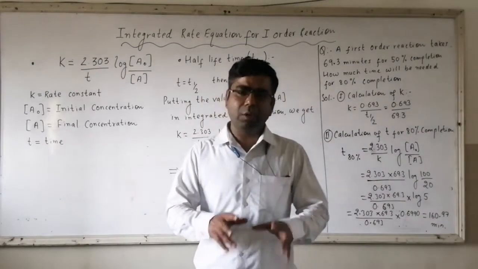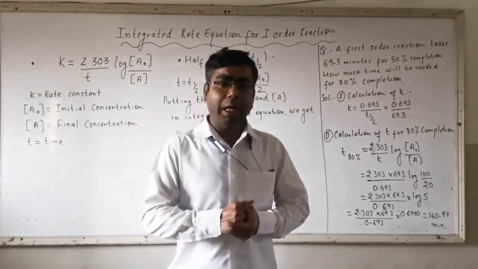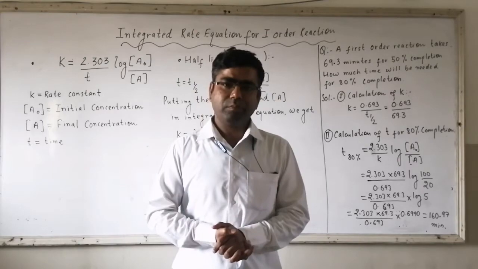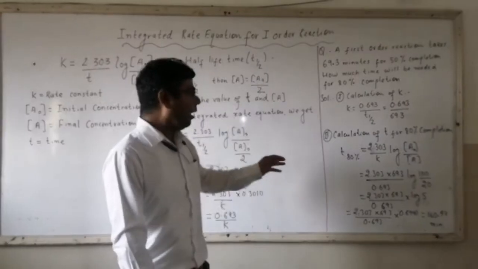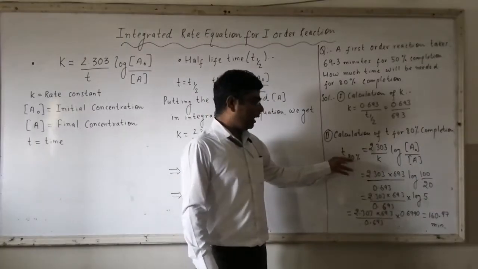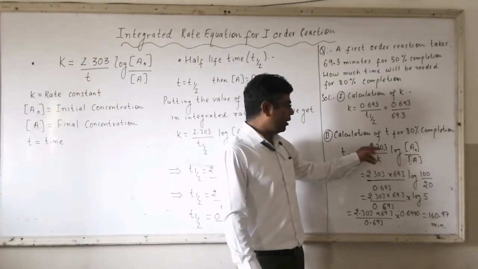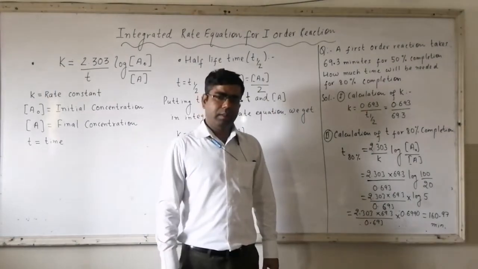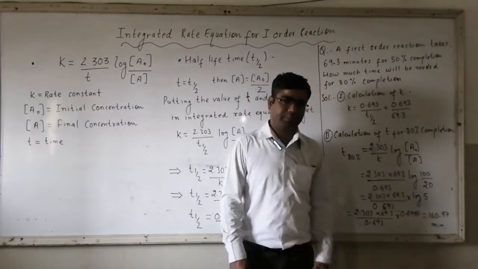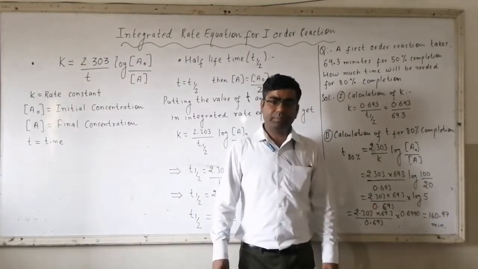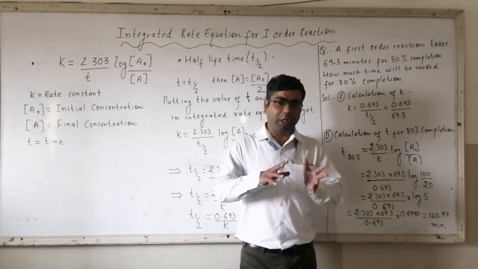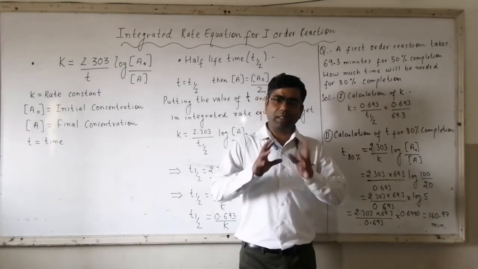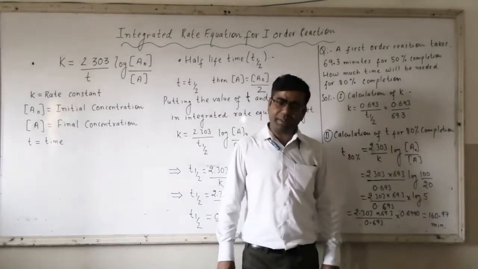Now we will use the value of k for the calculation of t for 80% completion of the reaction. So write the integrated rate equation. t 80% equals 2.303 by k log of A0 by A. A0 will be 100% because in terms of percentage we want to calculate here. 80% completion means value of A will be 20%.